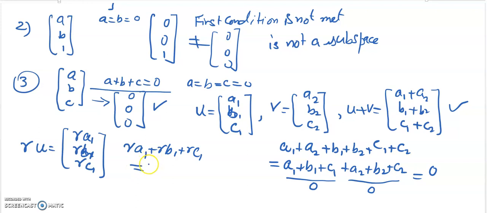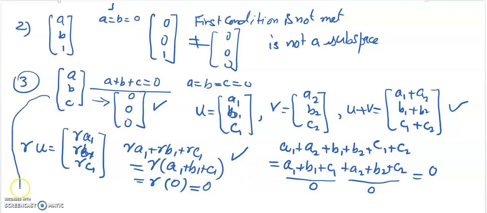But how can we prove that? We can take r as common, so r times a1 plus b1 plus c1. Now we know that a1 plus b1 plus c1 is 0, and whether r is 0 or non-zero, the whole expression is 0. So the condition is satisfied. Now all three conditions are satisfied, so therefore this is a subspace.